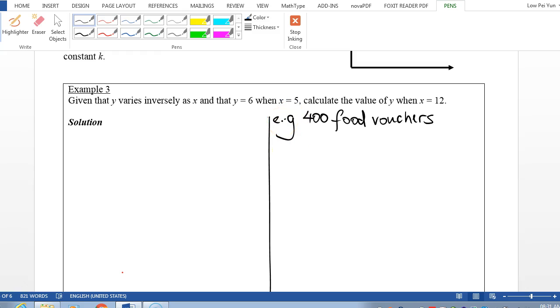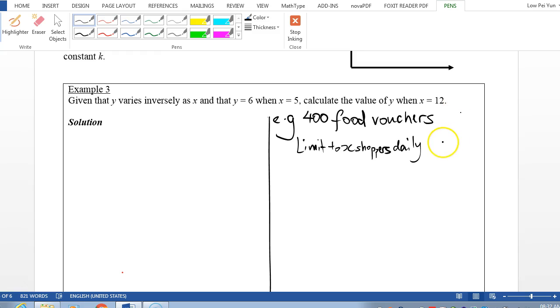And we are going to look at the number of vouchers to be given away each day. Now let's say I am going to limit to only X shoppers daily, and we are going to look at the number of days that the vouchers can last.